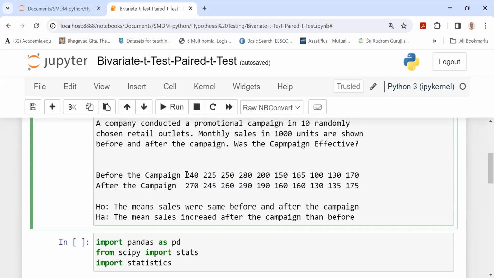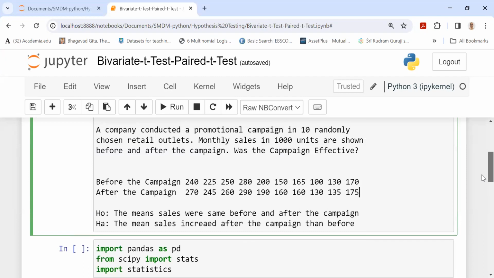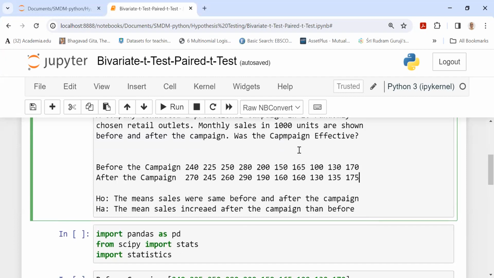So let me just say these are the numbers: 240, 225, 250, etc., 170. Similarly, after the campaign, the sales have improved. It looks like that: 270, 245, 260, 290, etc., 175. From the wording of the question, was the campaign effective? It's possible for us to conclude.